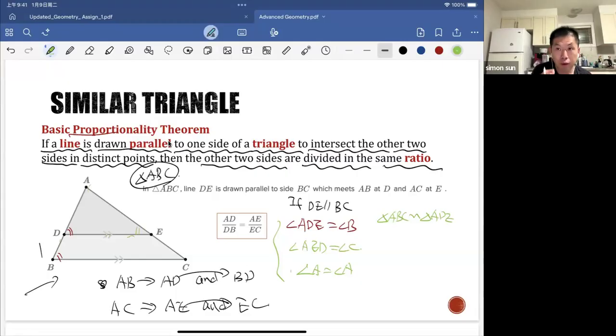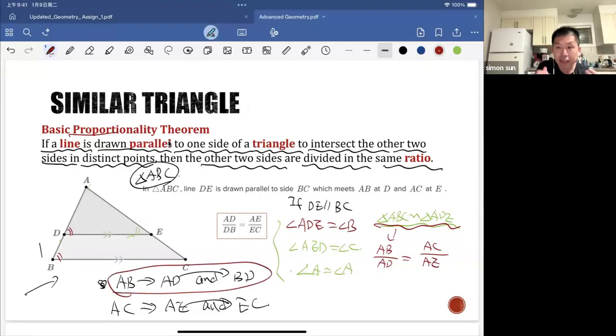Okay, since those two triangles are similar, the corresponding sides are proportional. We have AB over AD is equal to AC over AE. What is AB? We separate AB into two parts, AD and BD.